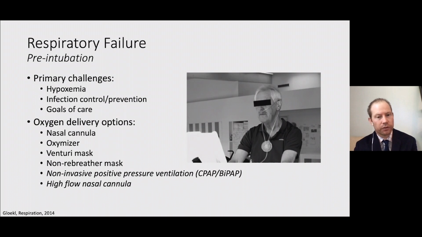In terms of what's available to us to provide oxygen to patients pre-intubation, we have the same tools that we have for other patients, but with these additional infection control and prevention concerns. Nasal cannula, Venturi mask, and non-rebreather mask do not appear to dramatically increase the spread of viral particles, nor does an oximeter. And oximeters come in two forms.